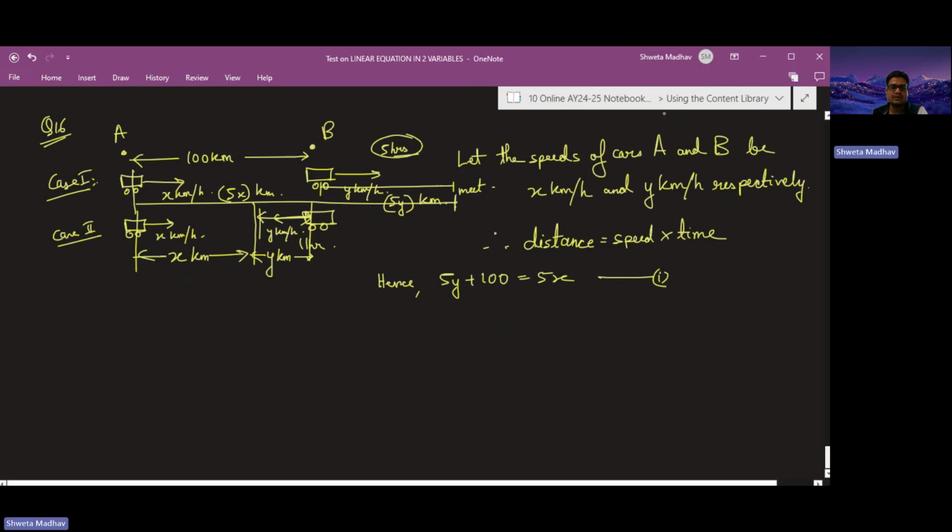So therefore we can say that x plus y should be equal to 100. So in the second case, x plus y should be equal to 100. This is our equation 2.